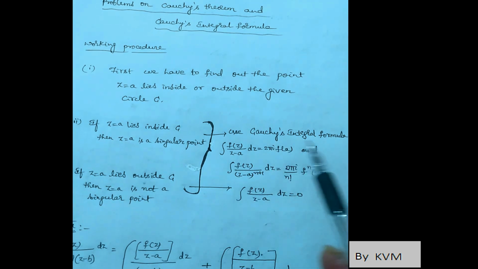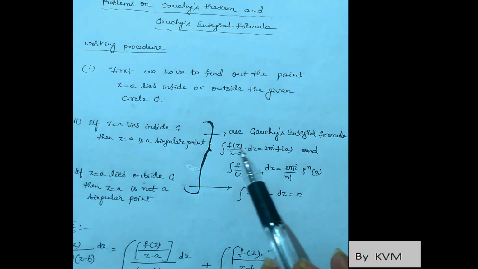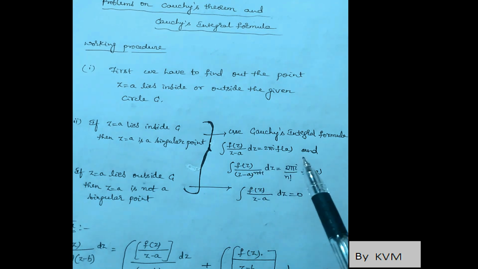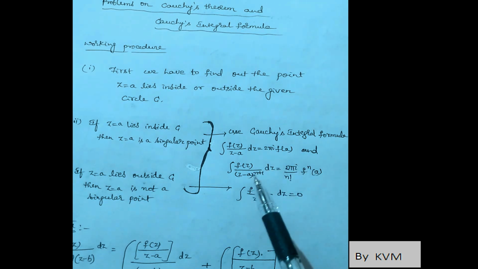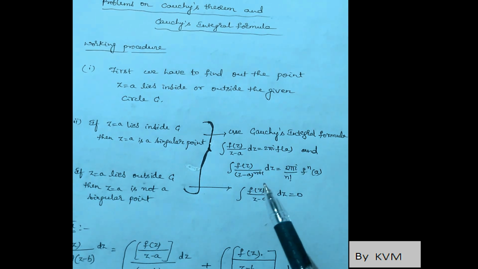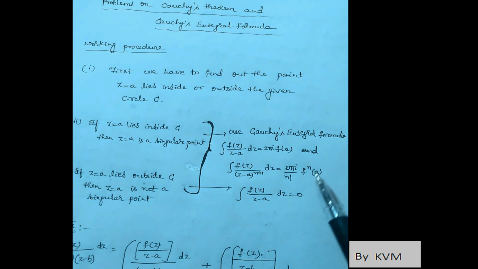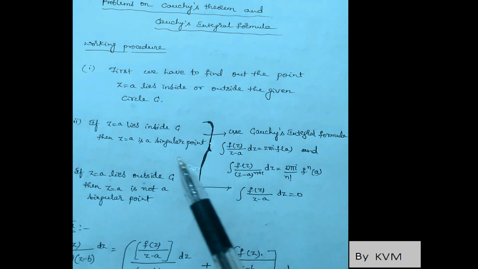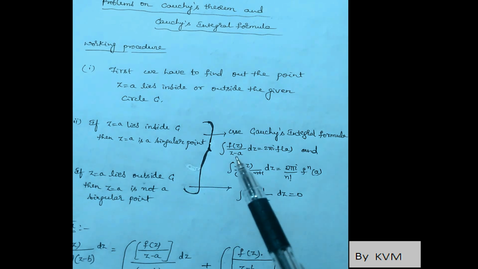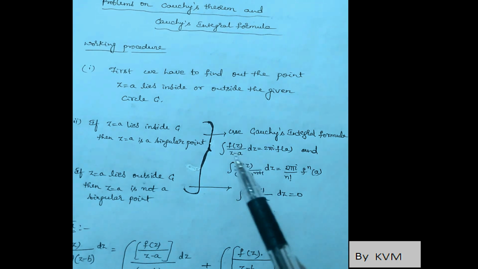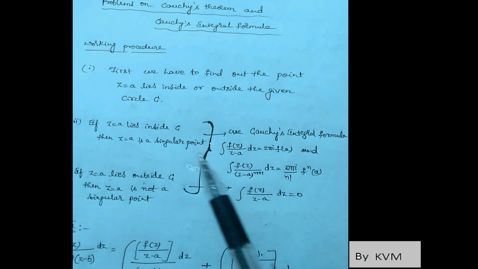So by Cauchy's integral formula, integral f of z by z minus a dz equals 2 pi i into f of a, and integral f of z by (z minus a) whole power n plus 1 dz is 2 pi i by n factorial into f^n of a, where f^n of a stands for the nth derivative of f at a. So z equals a is a singular point, because when you put z equals a, z minus a becomes 0, that is, this term f of z by z minus a becomes infinite. So z equals a is a singular point.